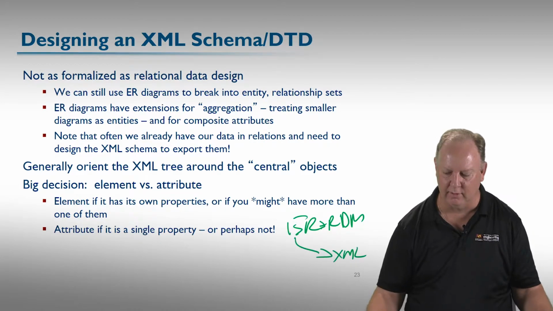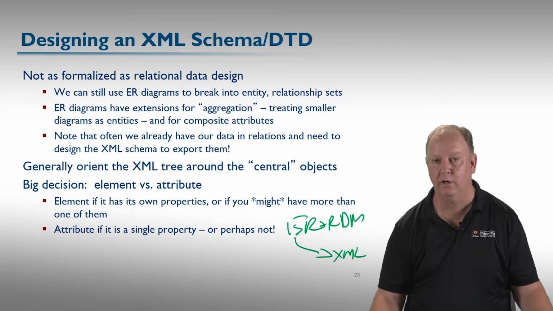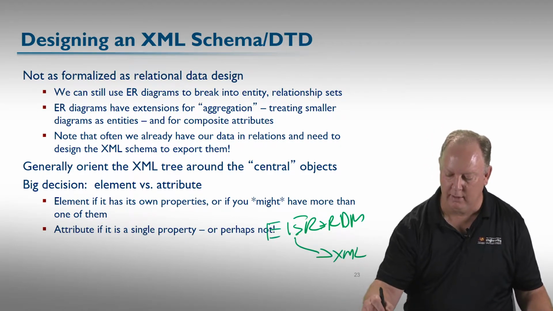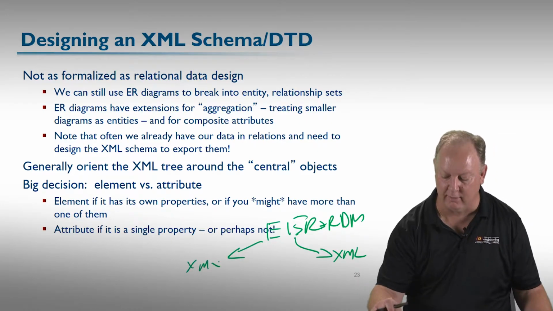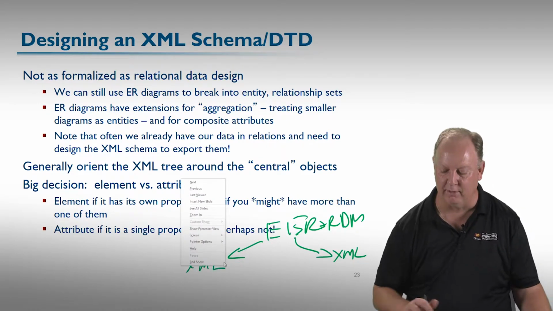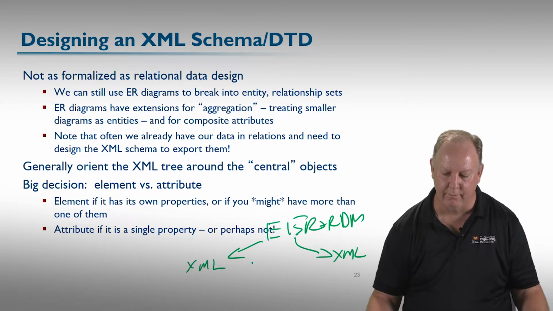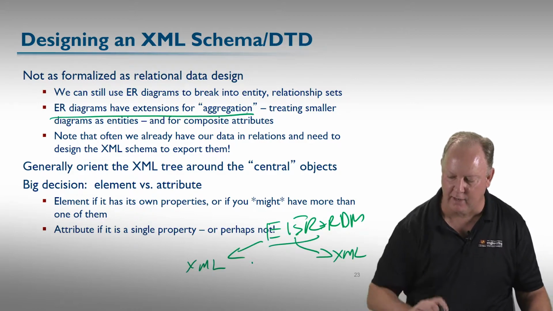Now again, if you want to use some of the more flexible structures in XML, you might consider your EER diagrams and do that to XML instead, because the EER tries to give some facility for dealing with these more complex data types and the extensions and the hierarchy that I'm talking about. And again, that's EER, that's what I mean by these extensions for aggregation.